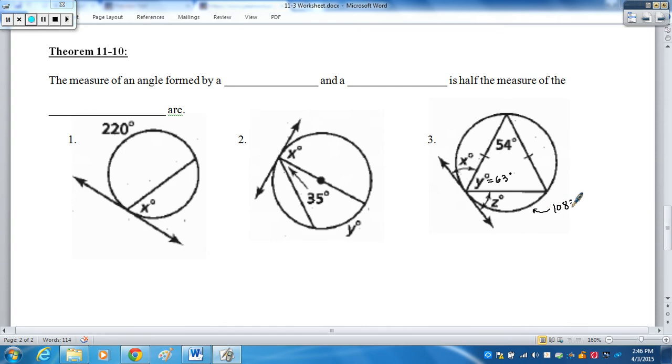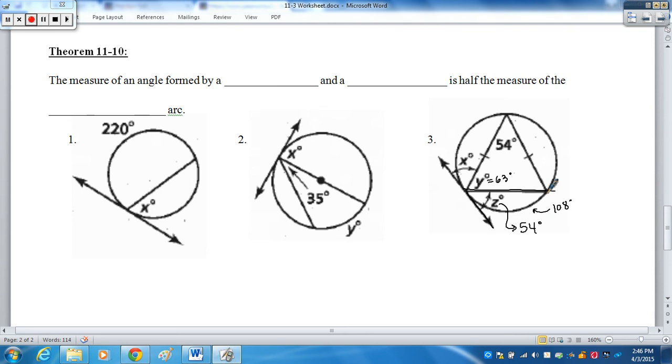Okay. From there, this tangent line with this chord will cut this arc in half. So this arc measure, we already know is 108 degrees, so z will be half as much, 54 degrees. Okay. And then to figure out the other angle, you could do this.